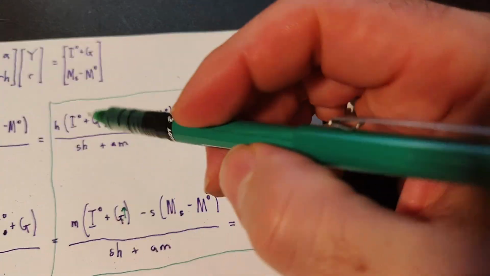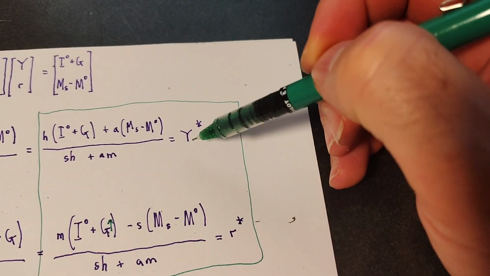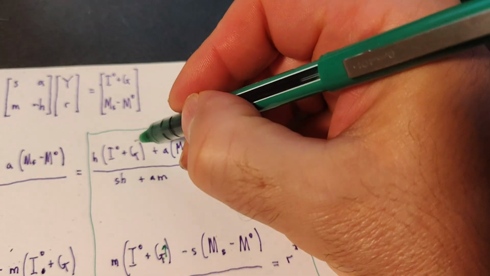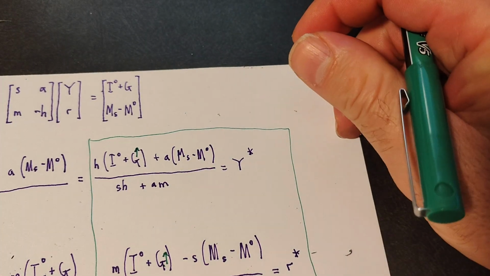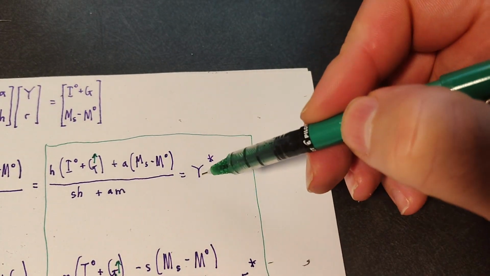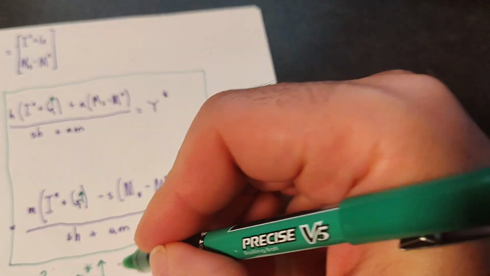All right, what's going to happen to our output? This is like a form of stimulus here. If G goes up, you can see that output, Y star, is also going to increase.